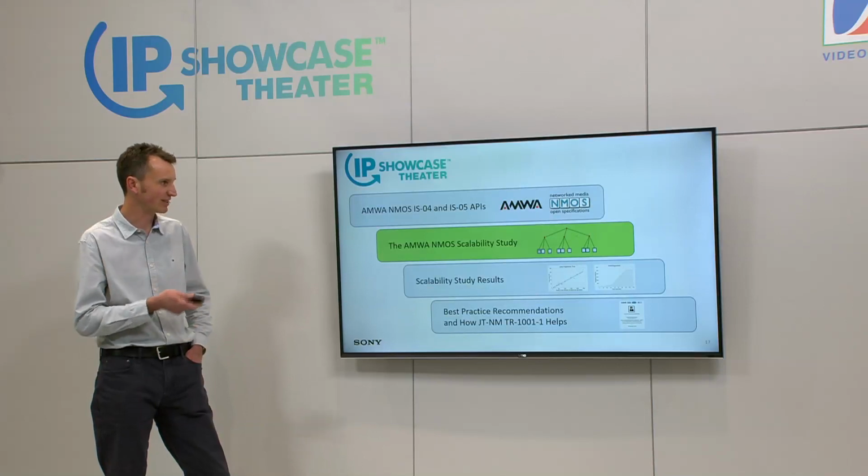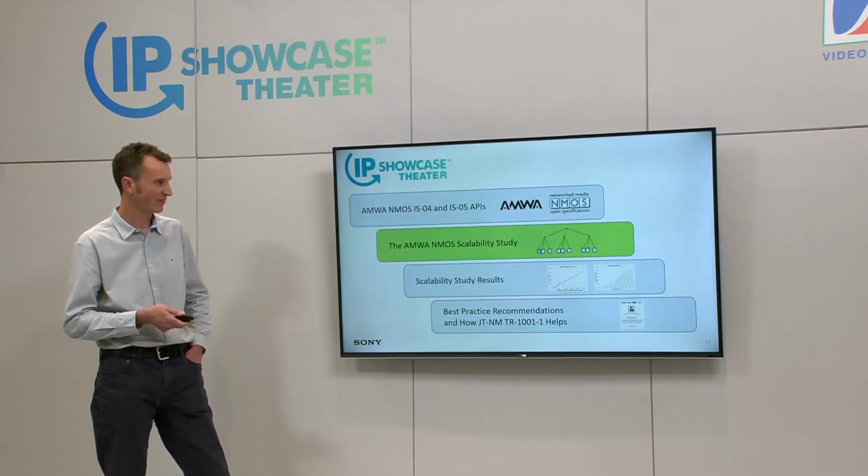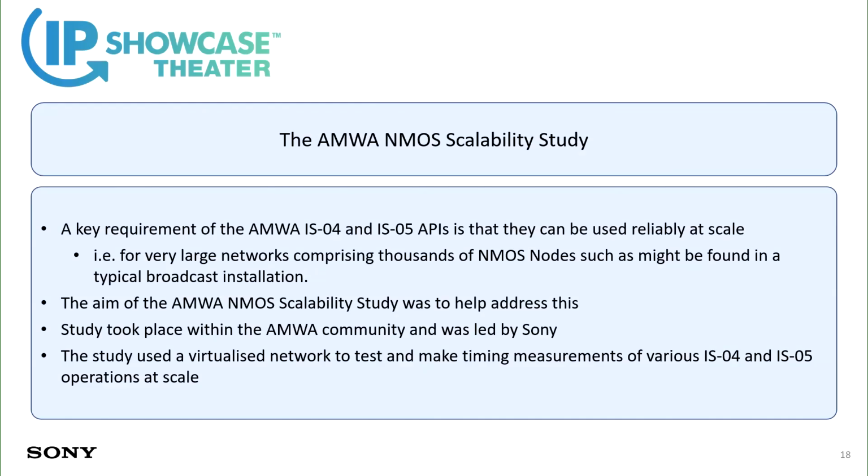So the NMOS scalability study was set up by the AMWA to really make sure that for very large networks comprising thousands and thousands of these NMOS nodes in a typical broadcast installation, can we still use these IS-04 and IS-05 APIs and have operations working quickly in a timely manner when we're doing thousands of these operations at once?